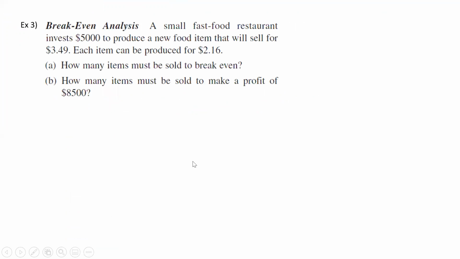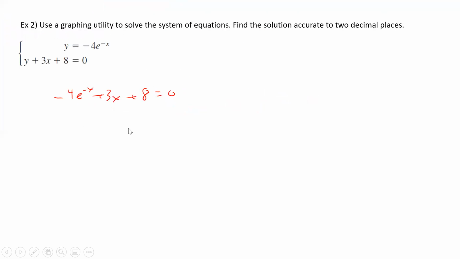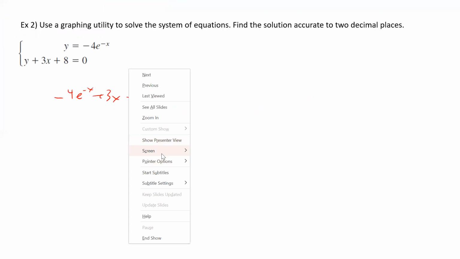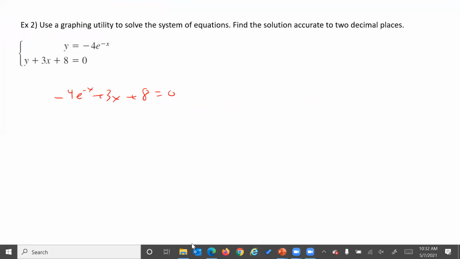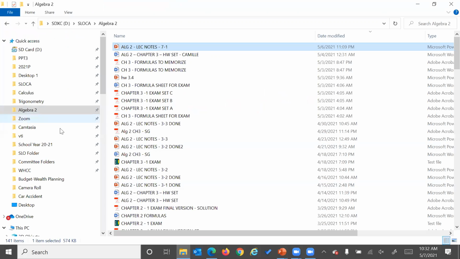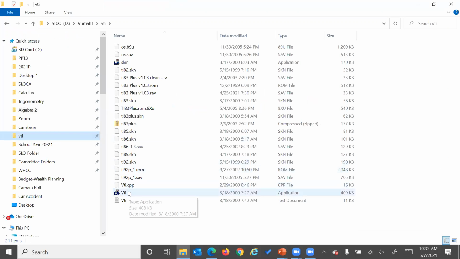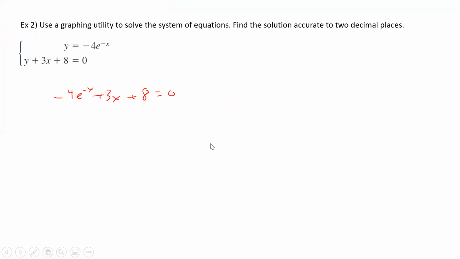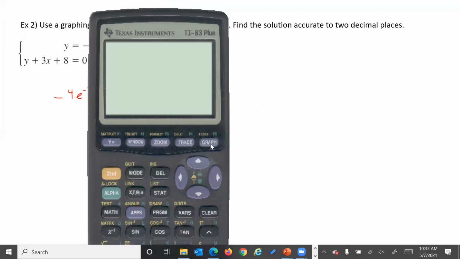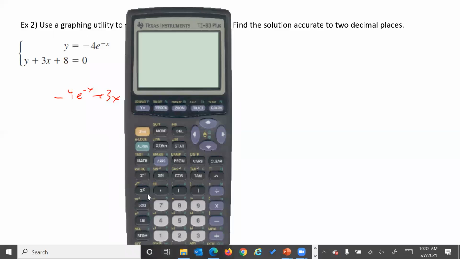We have 2 minutes left. Can I demonstrate real quick here? So we're going to graph both of these.